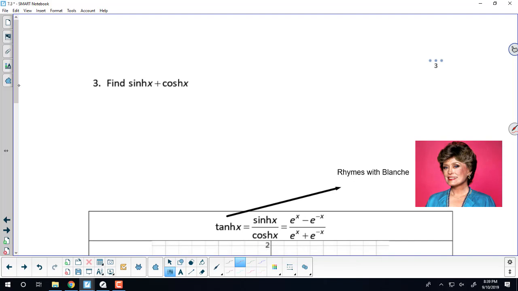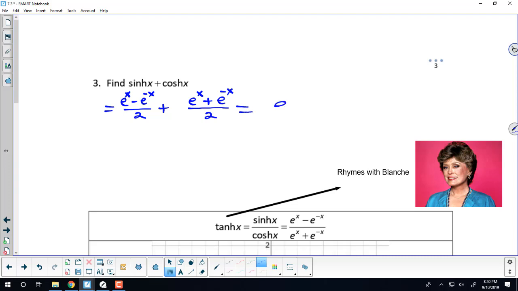So certain things we can find now, like sinh plus cosh. We then think about the identity, or rather the definition. If I want to see what sinh plus cosh is, what's (e^x − e^(−x))/2 plus (e^x + e^(−x))/2? E to the x.